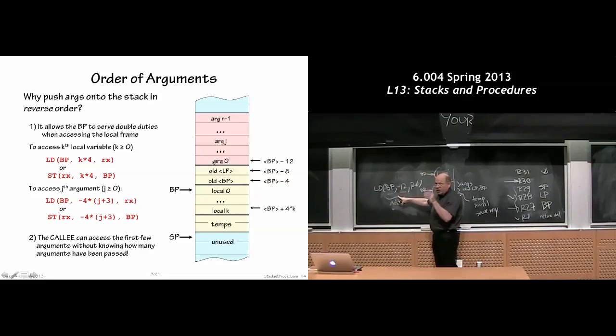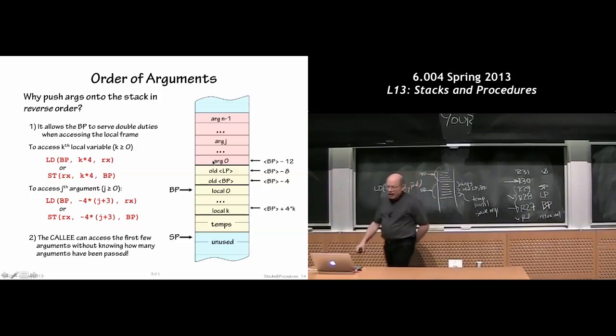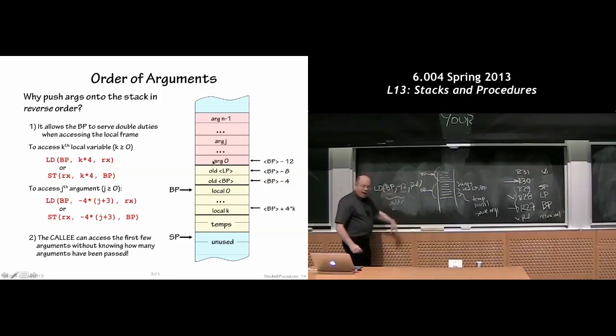That addition, which is what the load instruction does for me, gives me that address, and the contents of that address get loaded into R0. So this would be the assembly language statement I would use to get the value of the first argument.